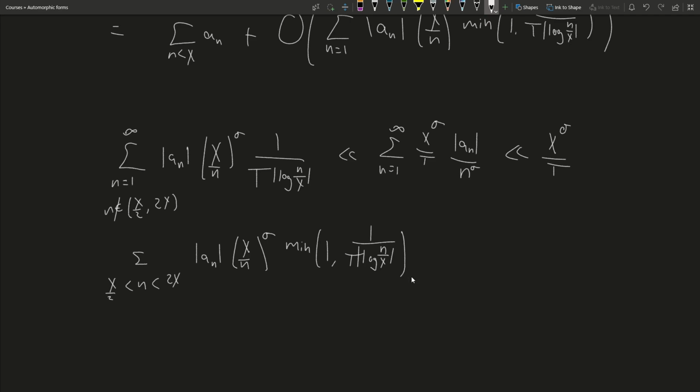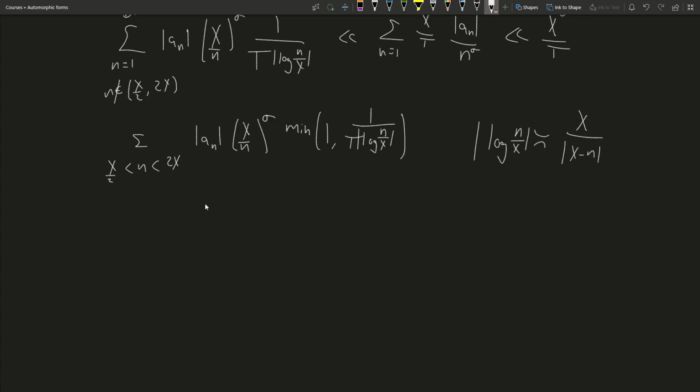The idea here is that when n and x are comparable, log n over x is going to be within a constant factor of x over x minus n. And this just comes from, say, looking at the Taylor series.